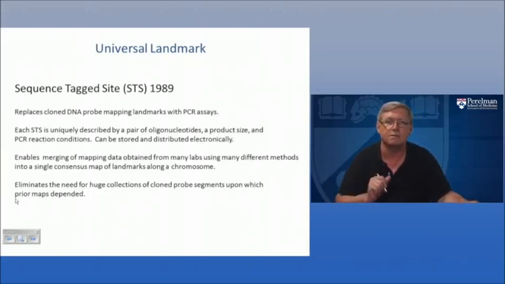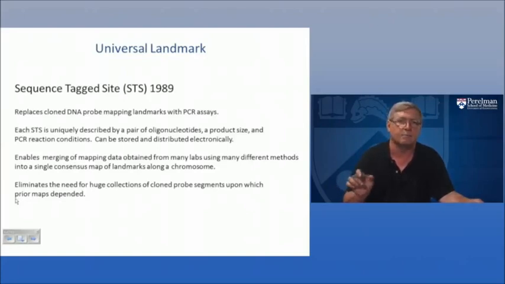Sequence tag sites made use of PCR technology to simplify these DNA landmarks or DNA probes. Essentially, one could make a pair of oligonucleotides that corresponded to any given DNA probe and put that in a computer database.